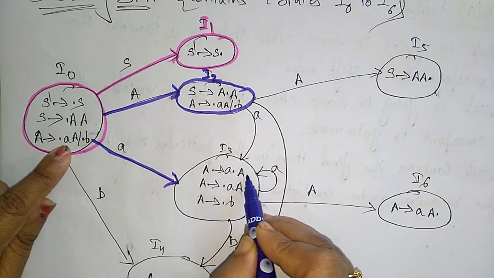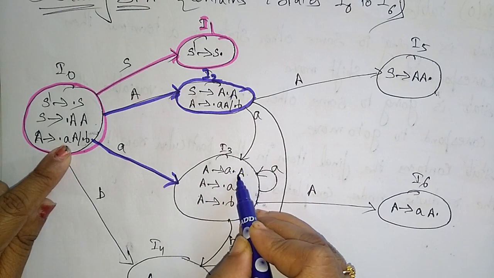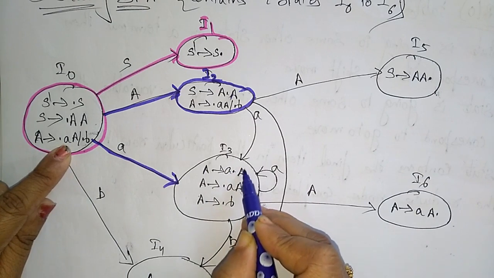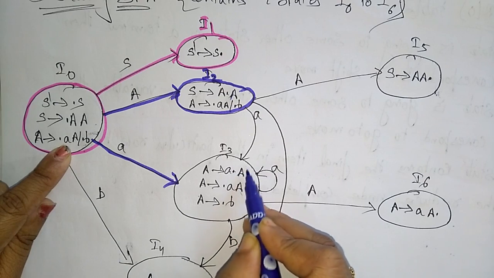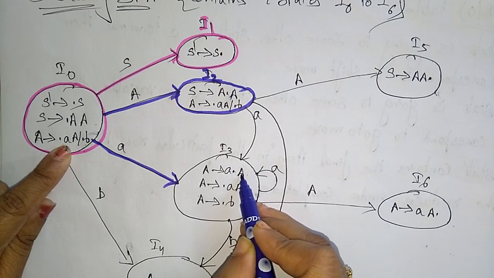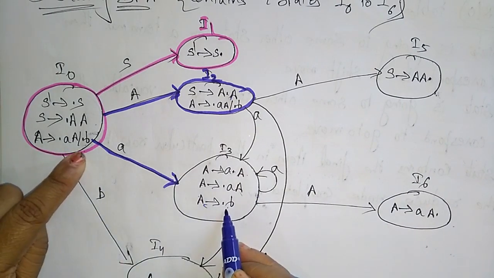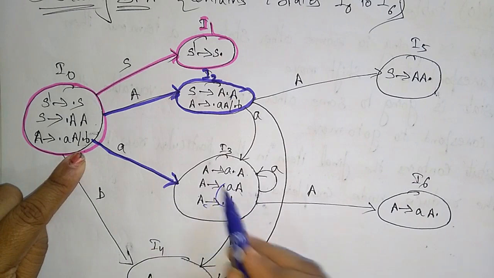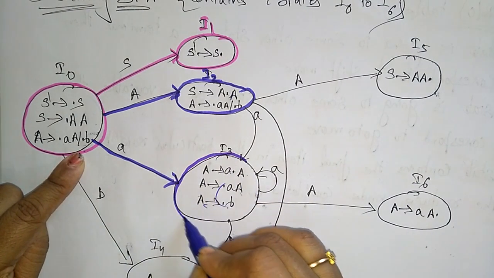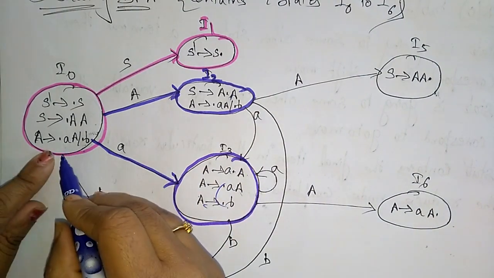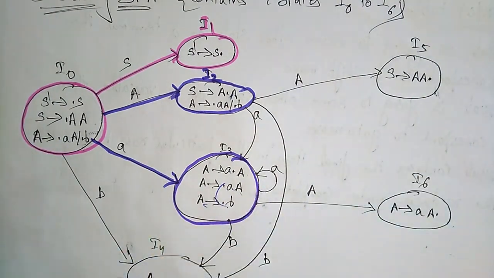It becomes A dot A. So dot A is still a non-terminal, so you have to write the productions that are available for A. What are the productions that are available for A? A determines dot A and A determines dot B. So you need to write those productions also. I3 is over. Now the remaining element is B.